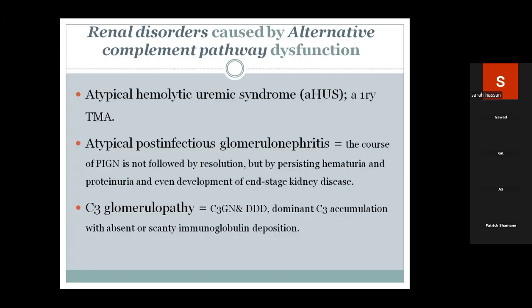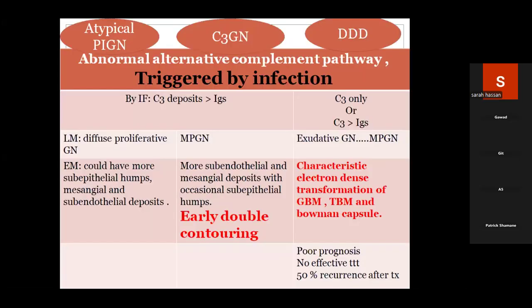Let's discuss the difference between atypical post-infectious GN, C3 GN, and dense deposit disease. I think that the difference is not clear till now. All have alternative complement pathway or common complement pathway abnormalities that could be triggered by infection as a first step. And by immunohistochemistry, unfortunately, we cannot differentiate between them.